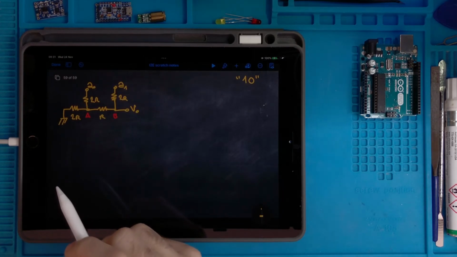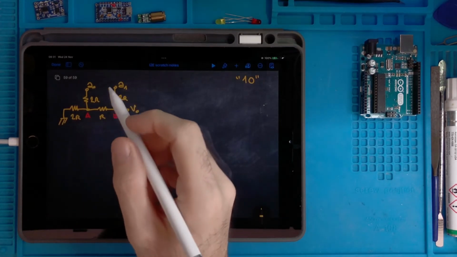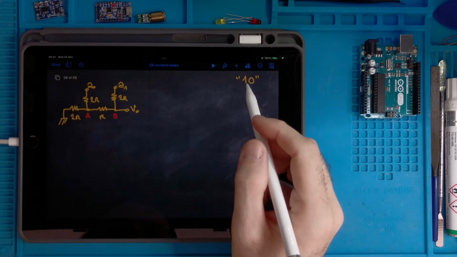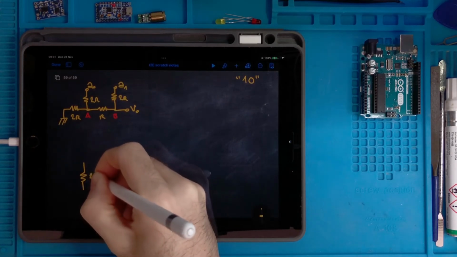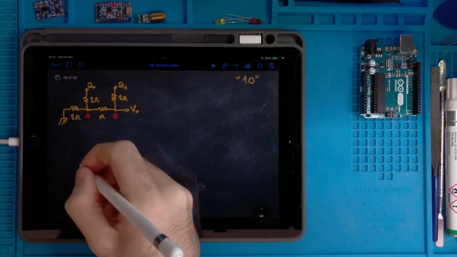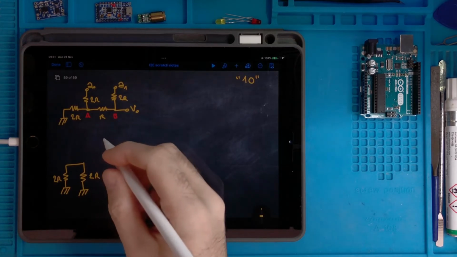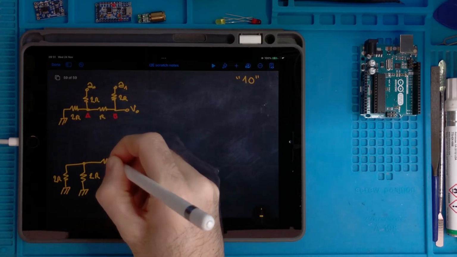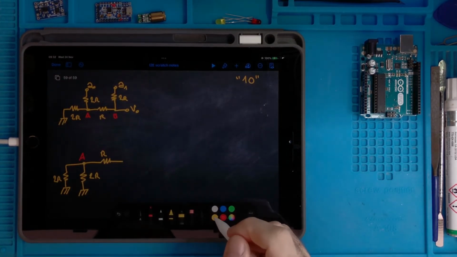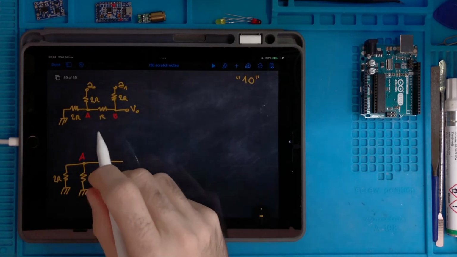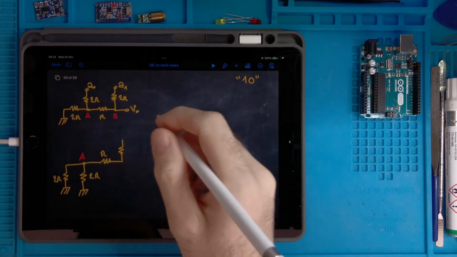So let's try to do this one. So now this time A0 is at ground. So we have 2R, which is this one. A0 is connected to ground, so it's like this. Then we have the resistor R. This is the node A. Then A1 is connected to VREF. So let's do it like this.